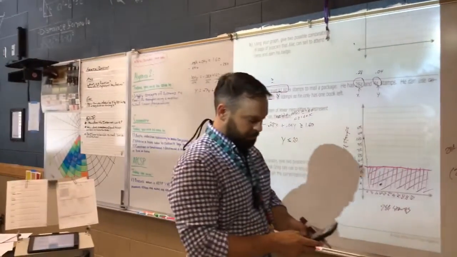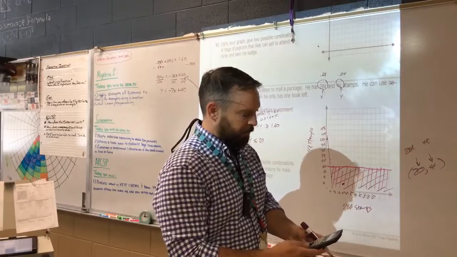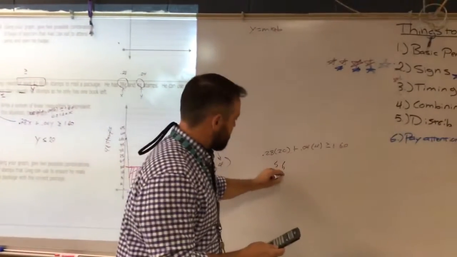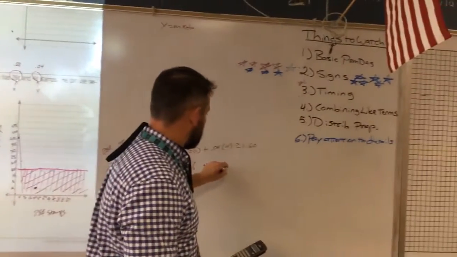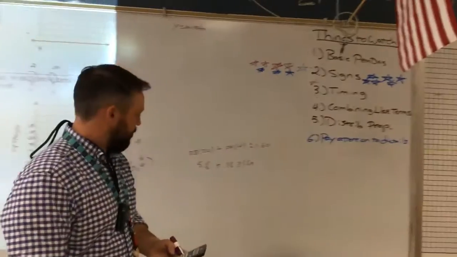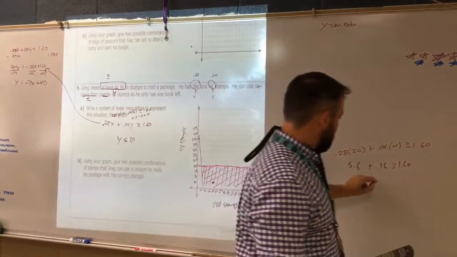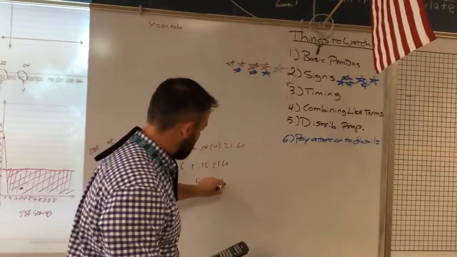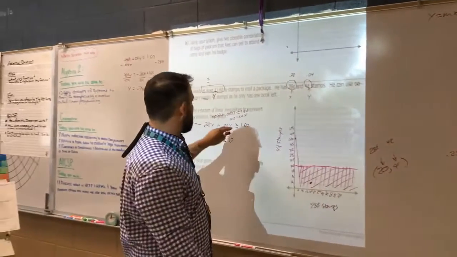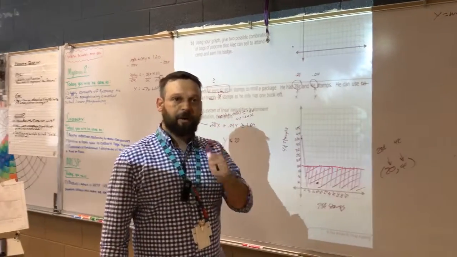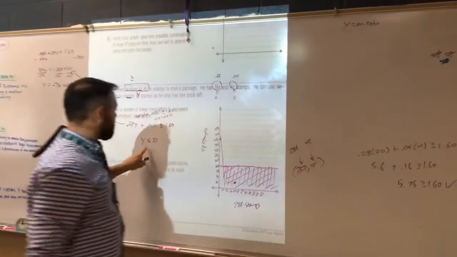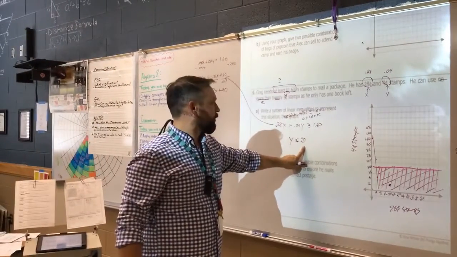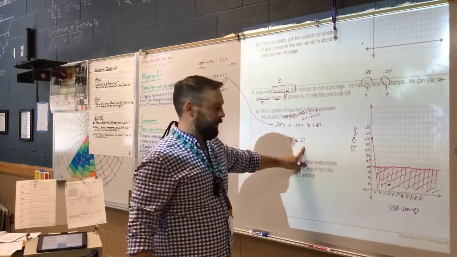My bad. So 0.28 times 20 is 5.60, and 0.04 times 4 is 0.16. So that plus 5.6 gives me 5.76. That means I will exceed $1.60, so I'm good. Now I check the y value: is 4 less than or equal to 20? Yes, so it'll be just fine.